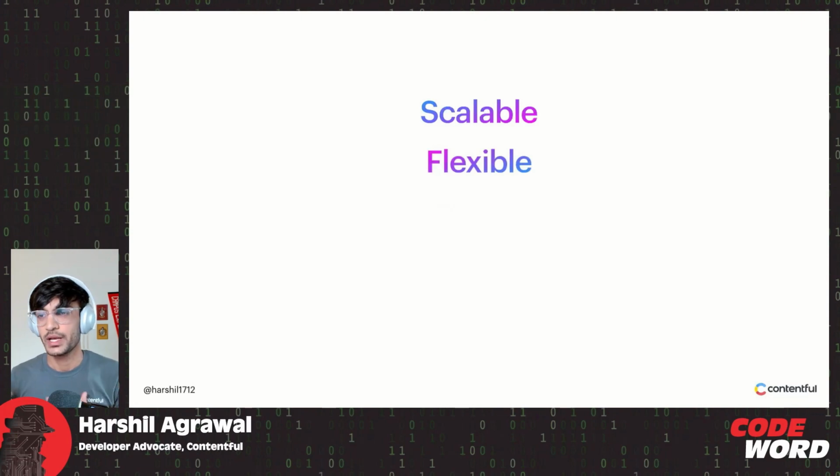It's flexible as well. If you want to introduce a new platform to your application, or swap out your platform, maybe you want to swap out your PIM because you found out there is a new fancy looking PIM, which is less expensive and gives you more features, you can do that as well.